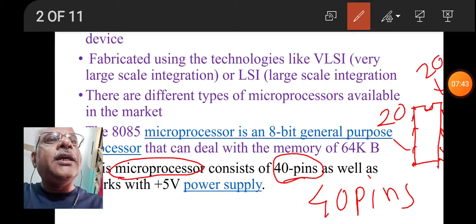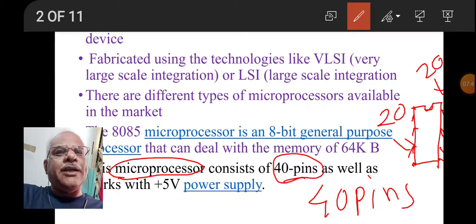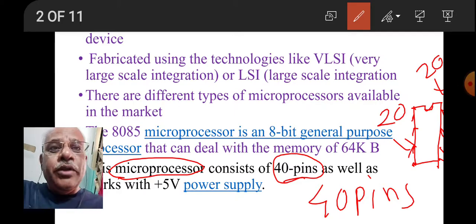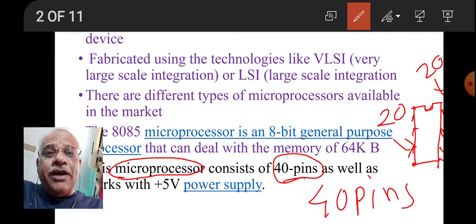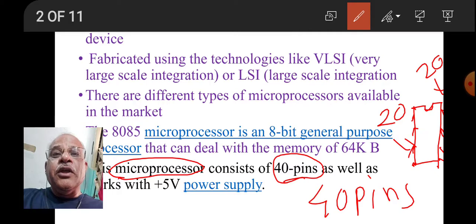So in all, 40 pins are available. Now we will be discussing the pins one by one and their functions. The function of each pin must be considered to understand the working of the microprocessor, because the world inside the microprocessor interacts with the outer world through these pins. These are the physical connections of the integrated circuit inside the microprocessor to the outer world.